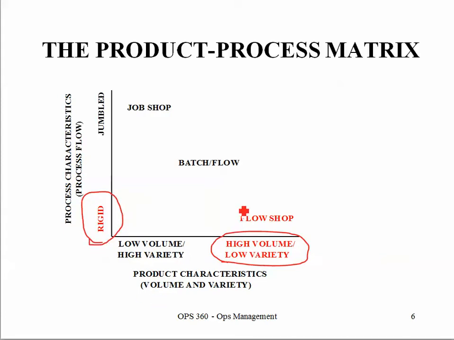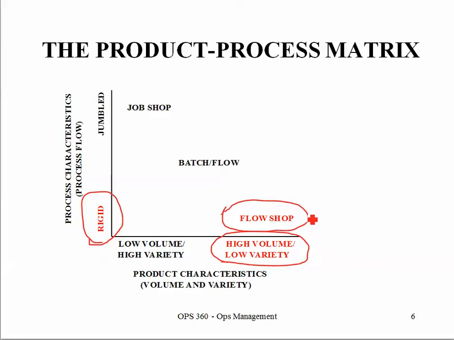We call those sorts of operations flow shops, because there's a definite flow for all the products, a definite sequence of steps through which all the products are going to go. Because again, they don't make a lot of different stuff, they make pretty much all similar stuff. So this is a classic assembly line that you see in the movies, or maybe you've actually been on a factory floor somewhere and seen an assembly line.